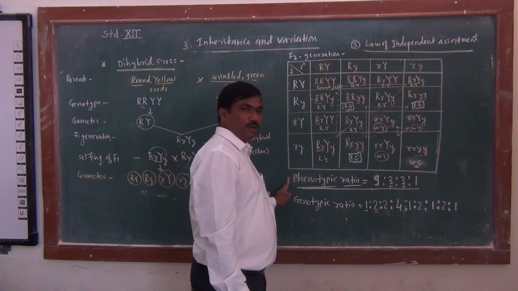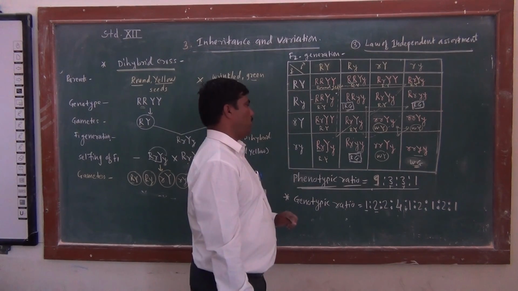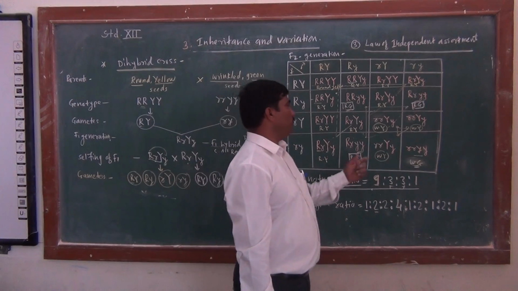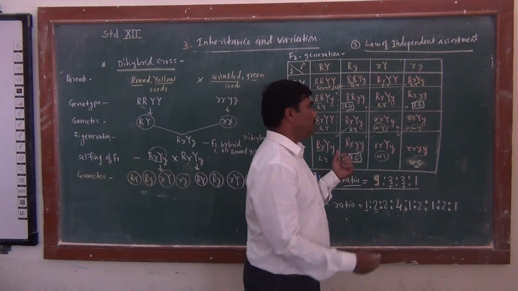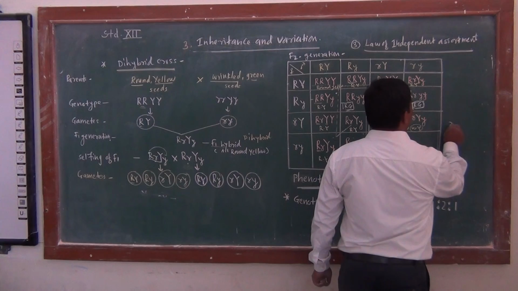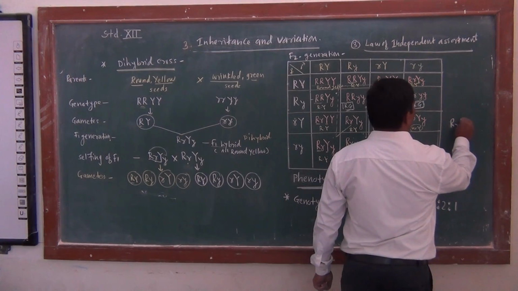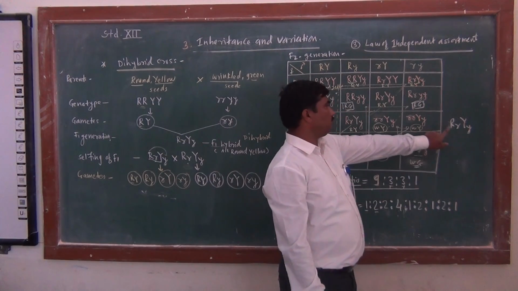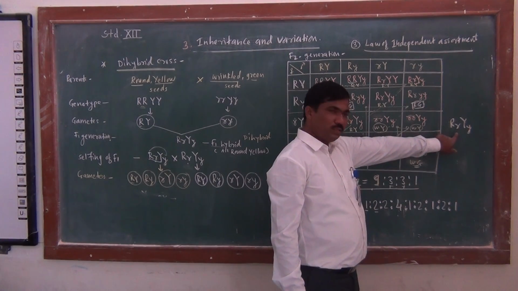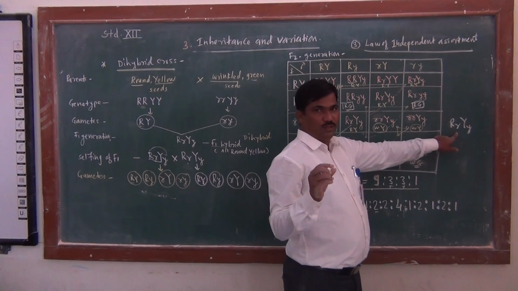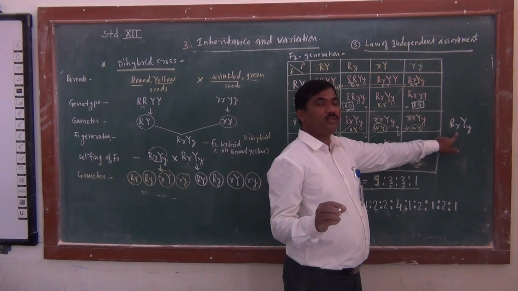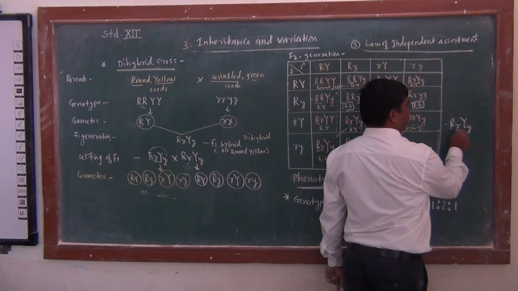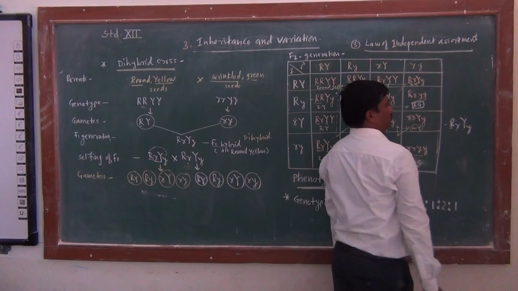What is the phenotypic ratio of a dihybrid cross, or how many individuals are formed in a dihybrid cross having genotype capital R small r, capital Y small y? The question asks like this in the exam: how many individuals are formed in the dihybrid cross having genotype capital R small r, capital Y small y?